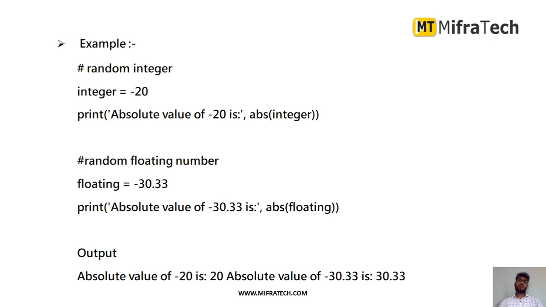You can also give a floating value. In this example I have taken floating equal to minus 30.33. If I do abs of this floating, my output will be 30.33. So you can get the absolute value of any number using this abs inbuilt function.